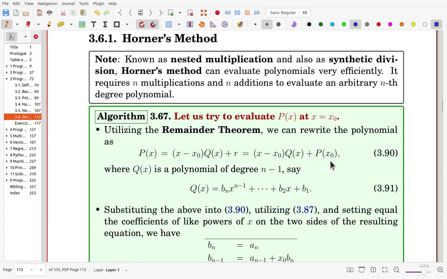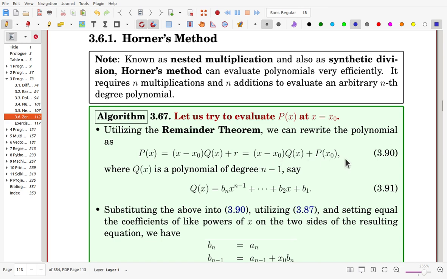So we have here P at x0. Now we'll express Q of x explicitly as in this equation, b_n x to the n minus 1 plus ... plus b_2 x plus b_1. We plug this here and expand. And we have here the nth order polynomial, and we have another one here.